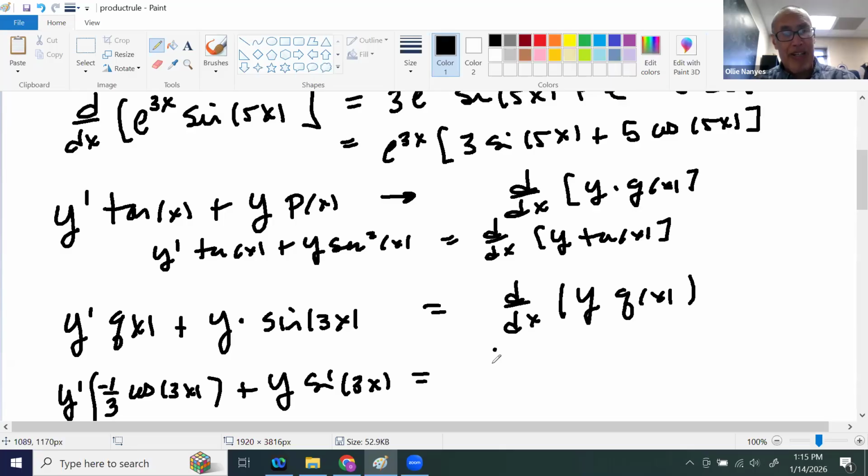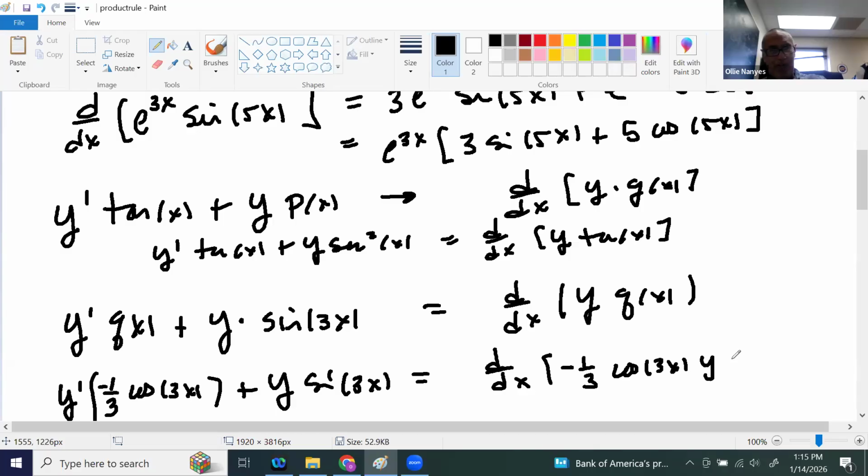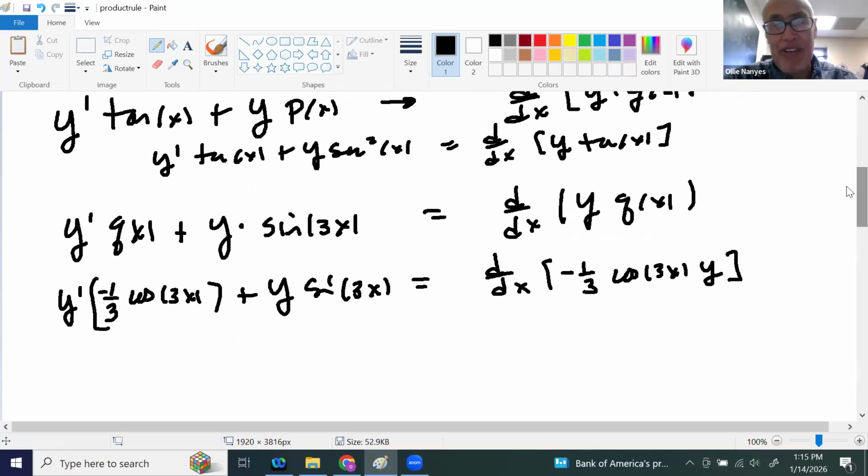This will, in fact, equal the derivative of, because remember, the derivative of cosine 3x, minus 1/3 cosine of 3x times y. And let's do a quick check to see if that's right.